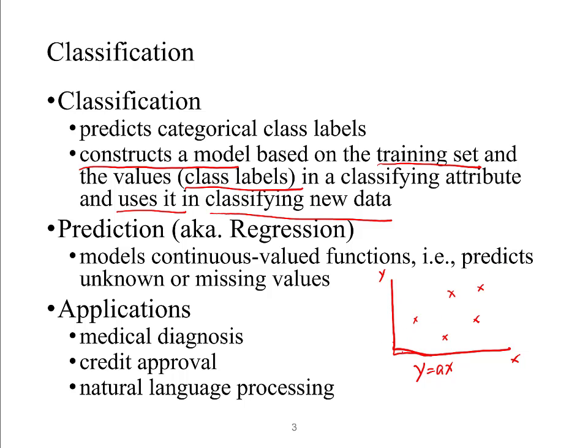So the line would be something like this, and with this learned function, we can predict the unknown values.